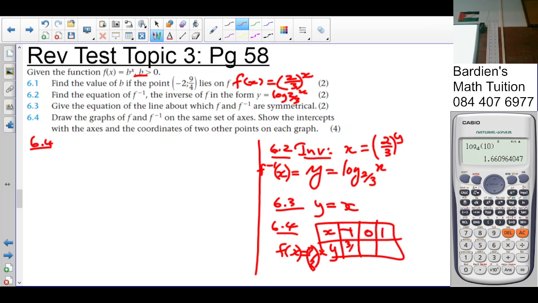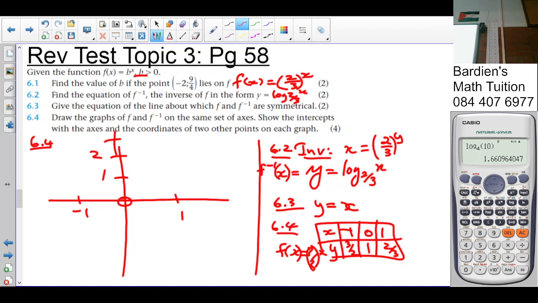That gives you 3/2, 1 and 2/3. So if I draw that graph, this is -1, 0 and 1. That is 1, 2, 3. So there's 2, 1, and if that is now -1, -2, so -1 is 1.5.